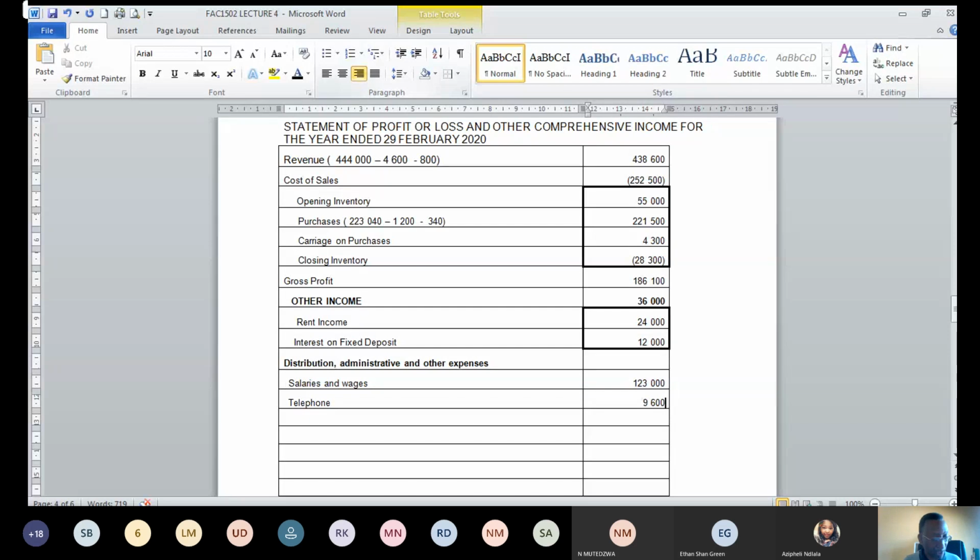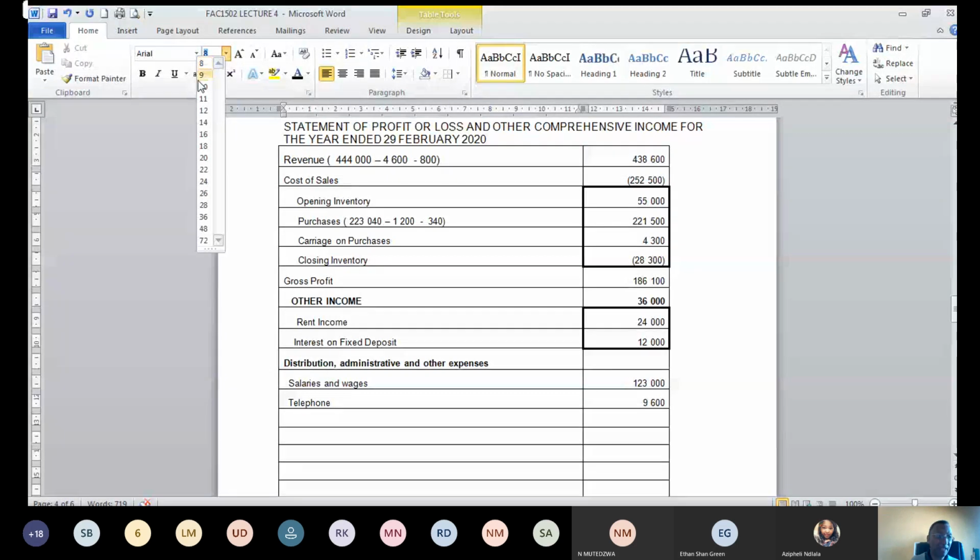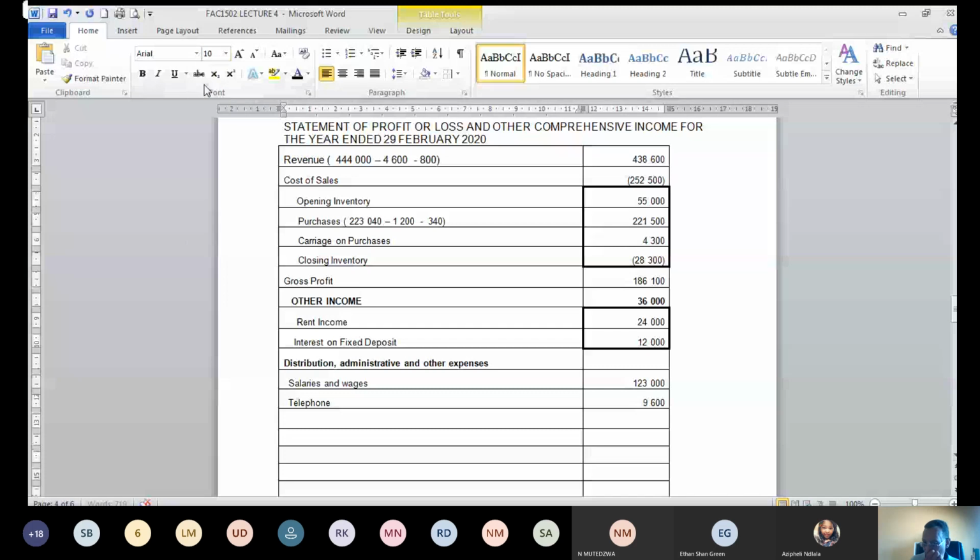My next expense is interest on loan, but interest on loan is not part of my distribution, administrative, and other expenses. I'm not going to indicate that. My next expense, if I go down in my list of accounts, is settlement discount allowed. But remember, settlement discount allowed is one of the expenses that we took into account when we did the calculation of cost of sales.